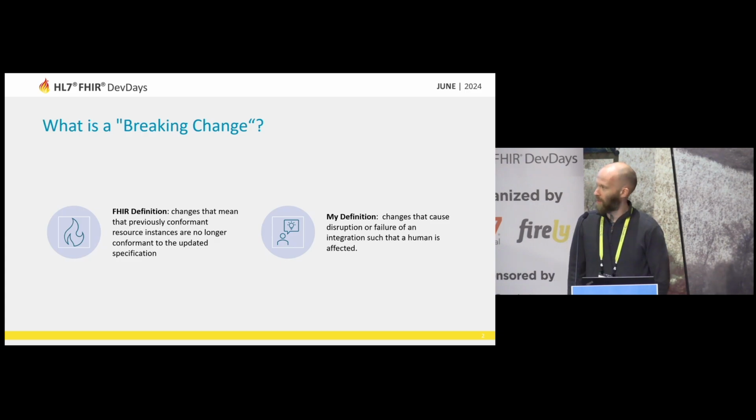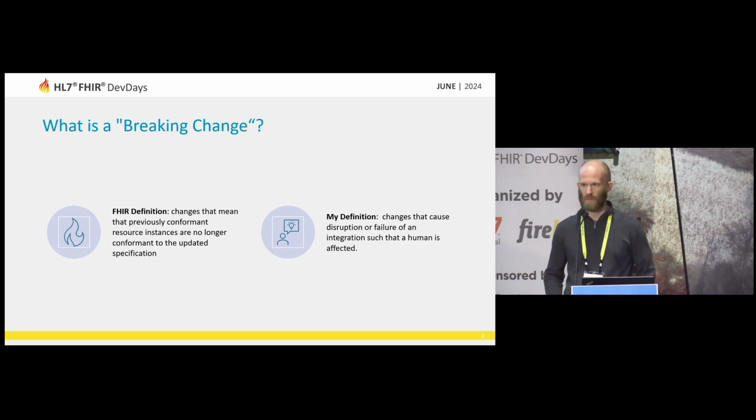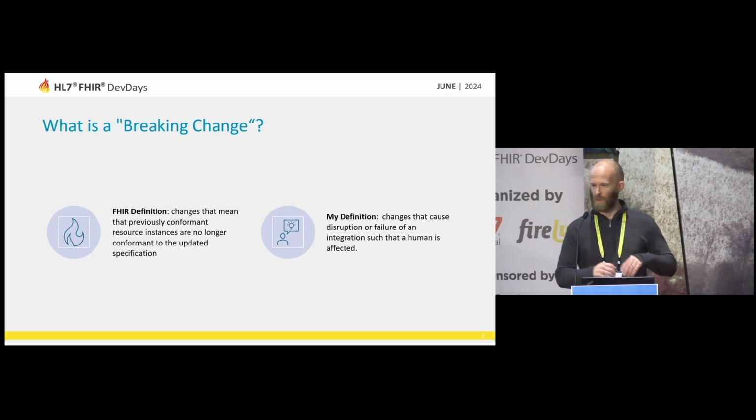My definition is any change that causes a disruption or a failure of an integration such that a human's affected. This definition is obviously a lot broader, and it involves changes to both the FHIR specification itself, but also the software systems that implement that FHIR spec. And it could also include things like workflow changes.